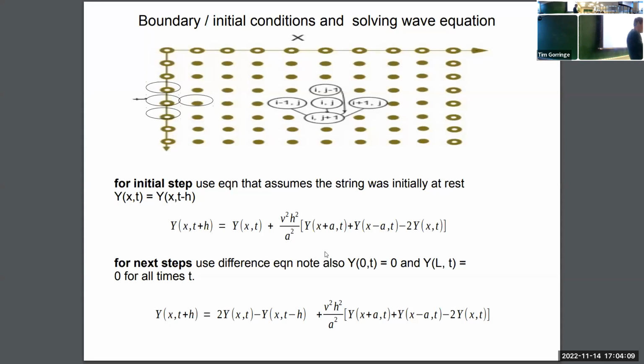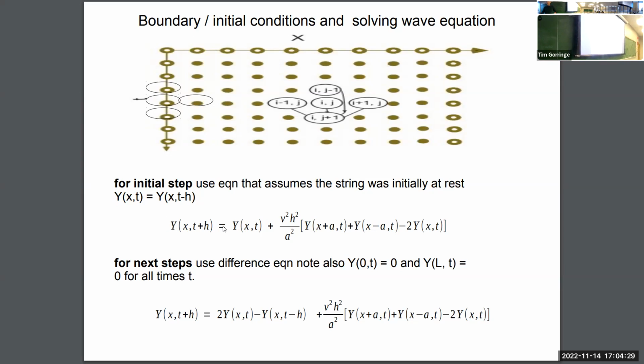Thereafter, you always have two steps behind you. You can always look back two steps and calculate according to this differential equation. But you've got to deal with that initial condition in a special way for the wave equation. So that's what I tried to describe here.